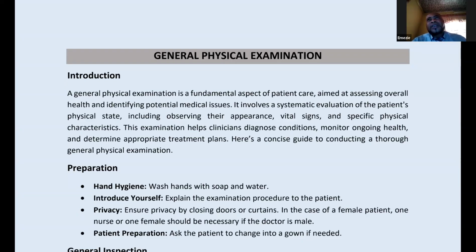So we want to know the name of this patient, the age, the sex, the occupation, the tribe, the religion, and the address. Where does this patient live? We also want to know the marital status.